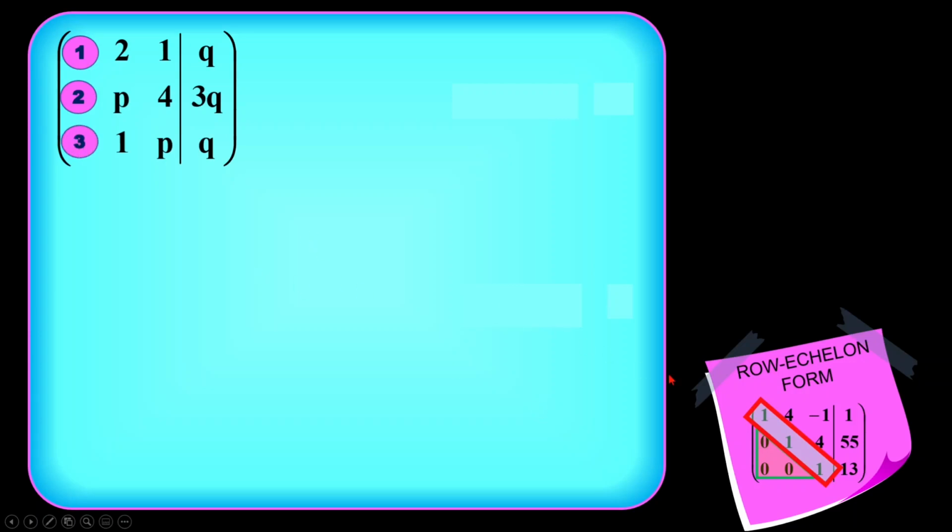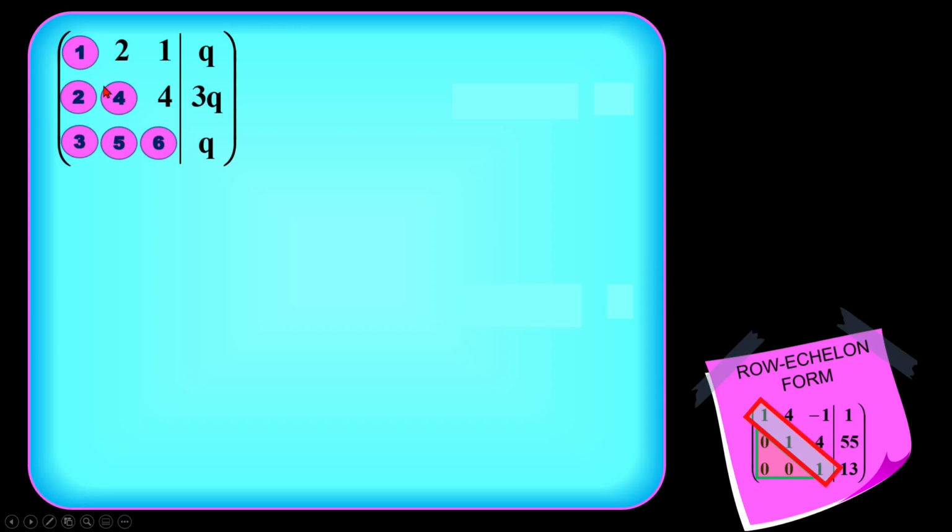For the third step, I will transform it to 0 again. Then we go to the fourth step, which is the center here. We will transform it into 1. For the fifth step, we will transform the value here to 0. And then the sixth step will transform into 1.